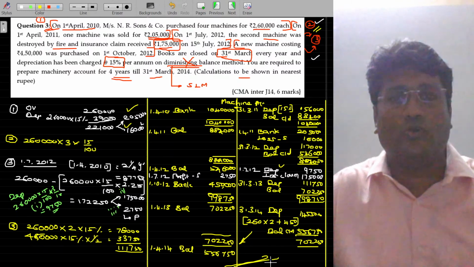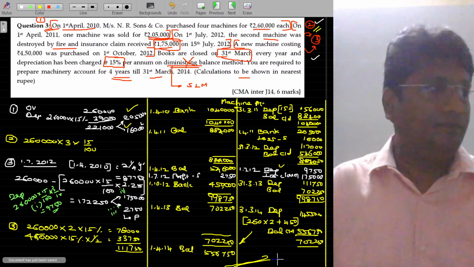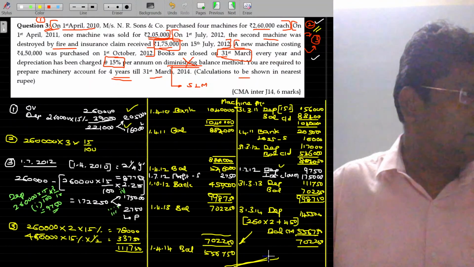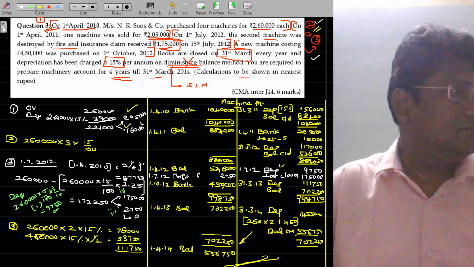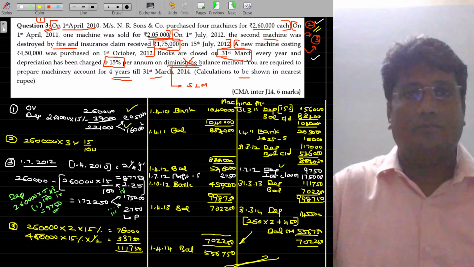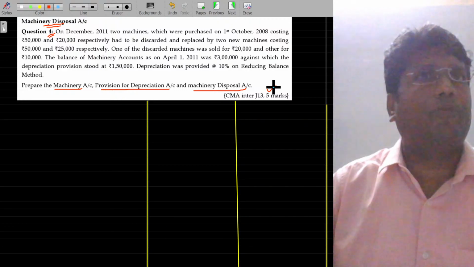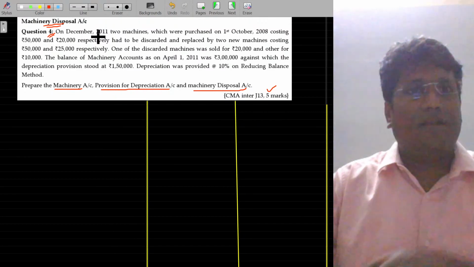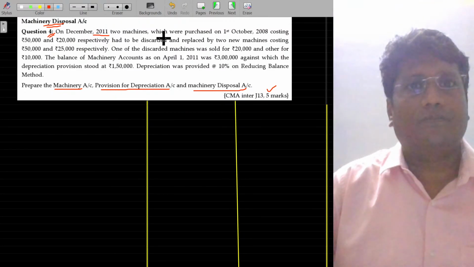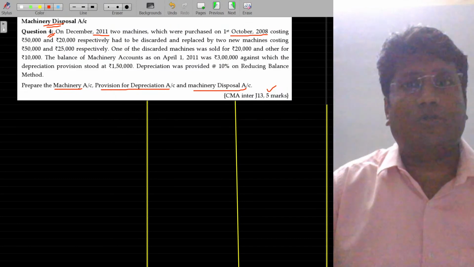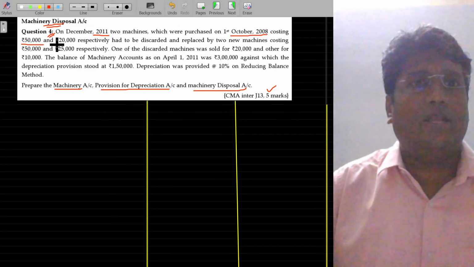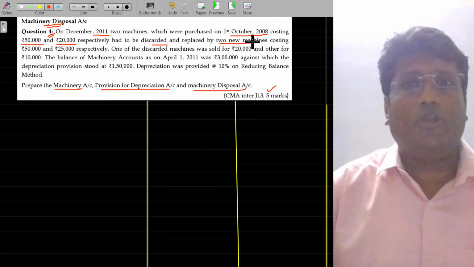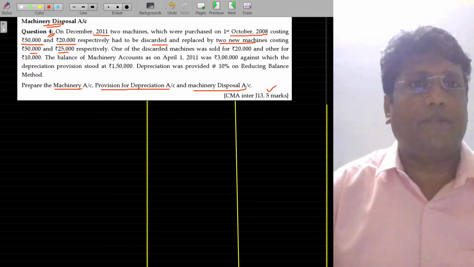Stop here because we are supposed to prepare only for 4 years. Five marks question, we have to prepare for only 1 year. On December 2011, 2 machines which were purchased on 1st October 2008, costing 50 and 20 respectively, had to be discarded and replaced by 2 new machines costing 50 and 25.